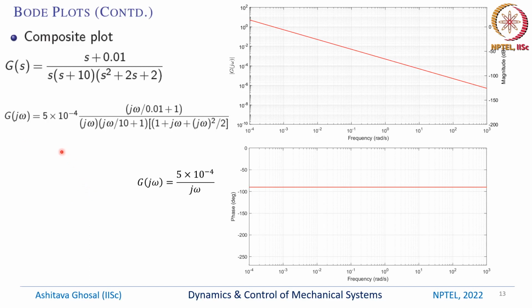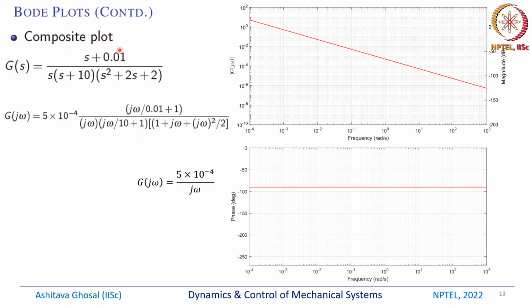So what we can do is first convert G of s to G of j omega. Substitute s equals j omega, simplify, and rewrite this transfer function as G of j omega equals 5 into 10 power minus 4. The numerator will be j omega divided by 0.01 plus 1.